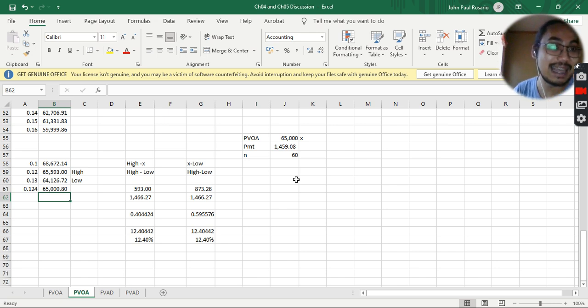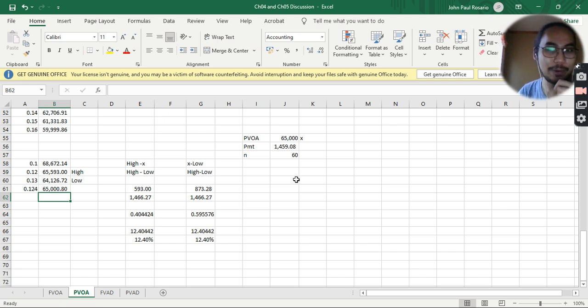We will have 65,000.80. Just for the sake of trying it out, it overshoots, by 0.80 in decimal.